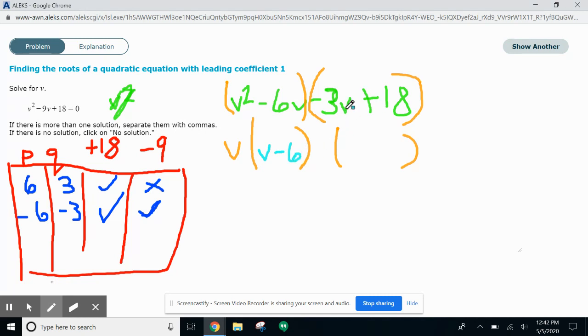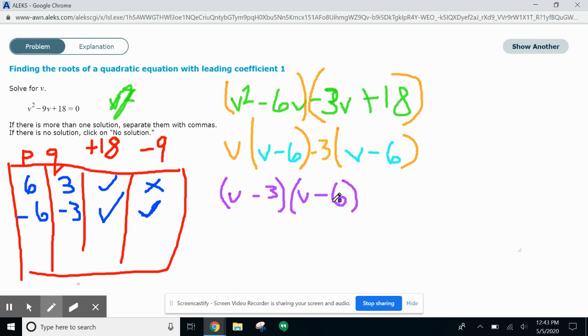Over here, I can take out a 3, but I want it to match V minus 6, so I take out a negative 3. This divided by negative 3 will be positive V, and this divided by negative 3 will be negative 6. So now I have V minus 3 as one term, and V minus 6 as my second term.